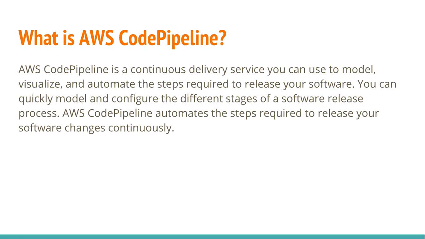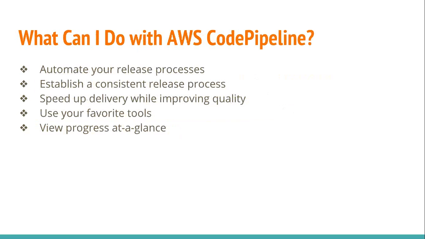Let's suppose one developer checks in the code. This pipeline will automatically initiate the build, run the tests, and deploy to the specified environment. So what can we do with AWS CodePipeline? We can automate the release process, establish a consistent release process, and speed up our delivery while improving quality.